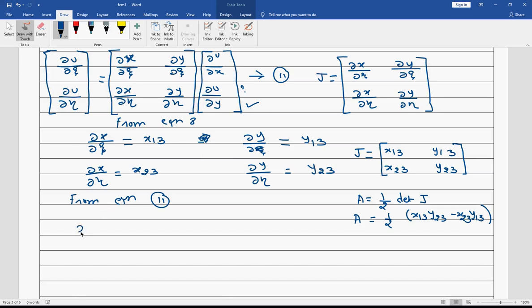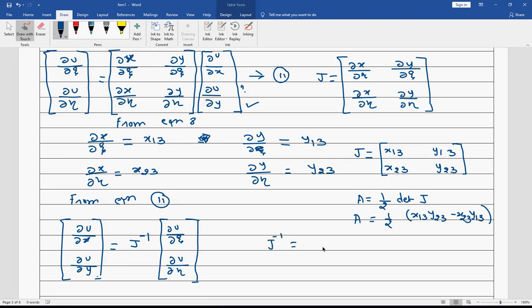So therefore I can write del u by del x, del u by del y is equal to J inverse of del u by del xi and del u by del eta.